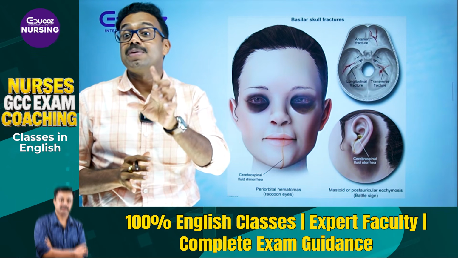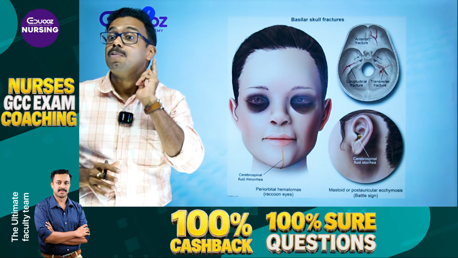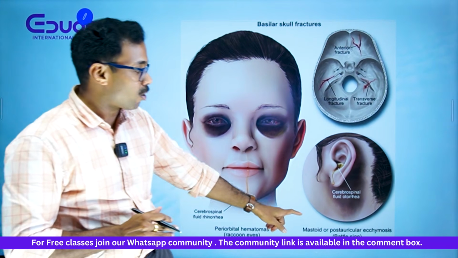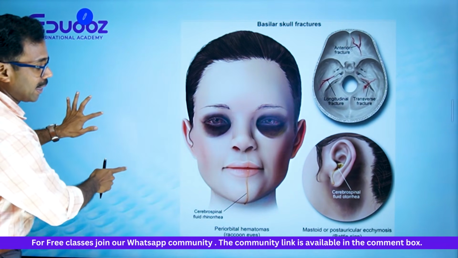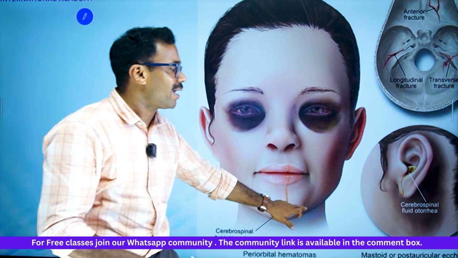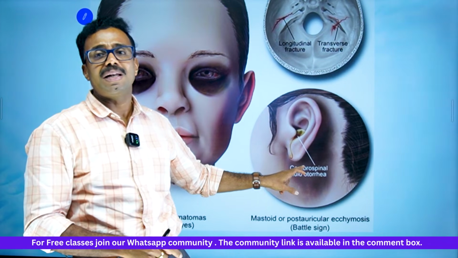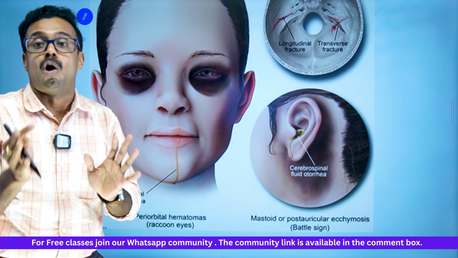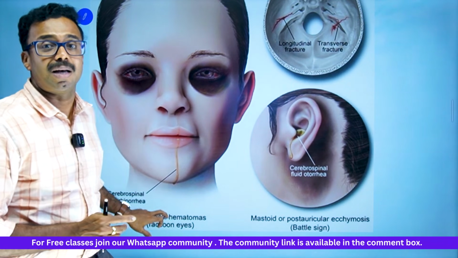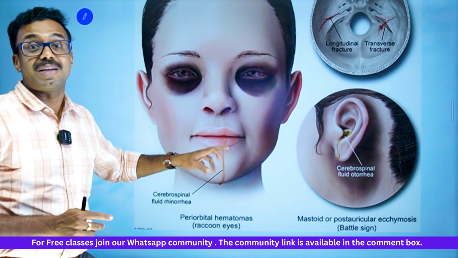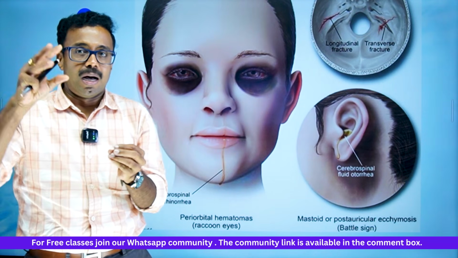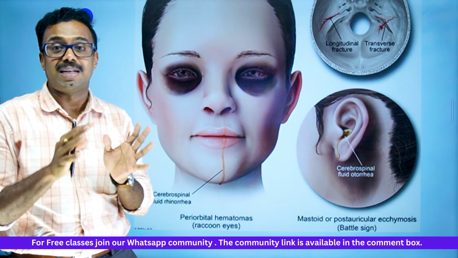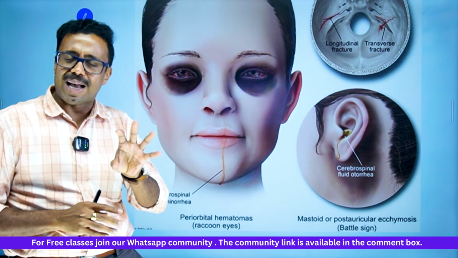Otherwise the patient will have ecchymosis over or behind the ears, which we call Battle sign. What is Battle sign? Battle sign means the patient will have ecchymosis behind the ear, also called postauricular ecchymosis. Otherwise the patient will have an appearance over the eyes similar to a raccoon. We call it raccoon eye, which is periorbital edema as well as ecchymosis.